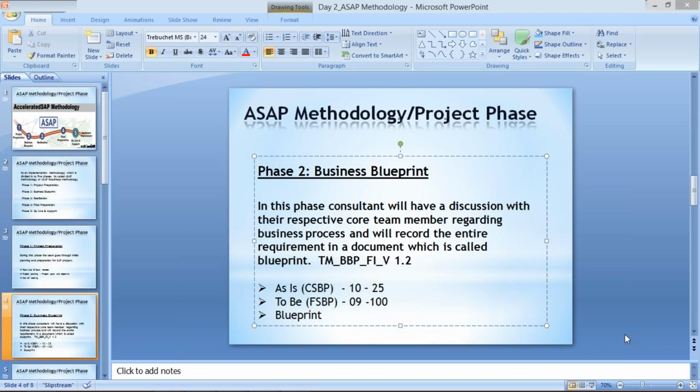In the same way, the sales and distribution consultant and the MM consultant will also have interaction with their CTM, their core team member, and keep on preparing their blueprints. Everybody will have separate discussions with their CTMs.